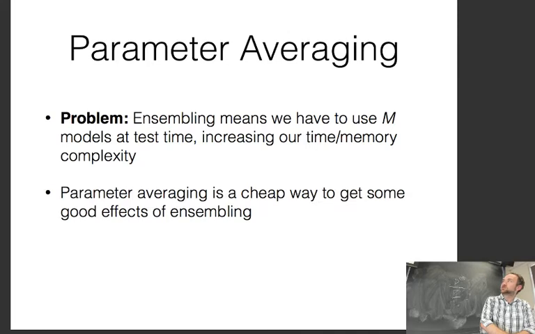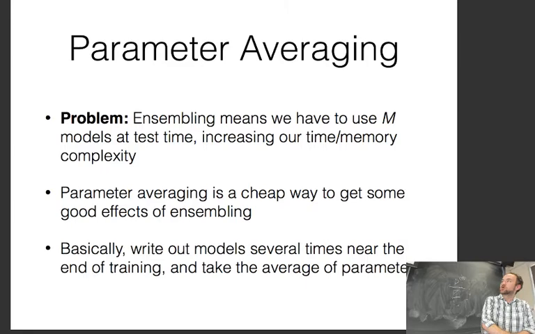Parameter averaging is a cheap way to get some of the good effects of ensembling. So as I mentioned, ensembling kind of smooths over the idiosyncrasies of the model. It smooths over the kind of strange things that the model does. And parameter averaging is another way to do it. So basically what we do is near the end of training, we write out models several times. So we train for an epoch, then we write out a model.